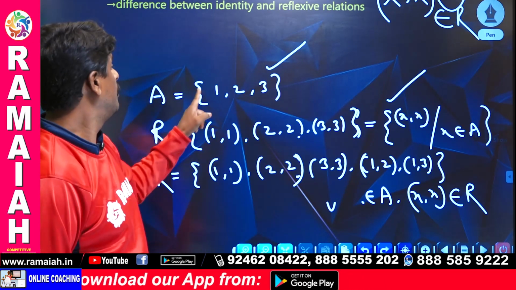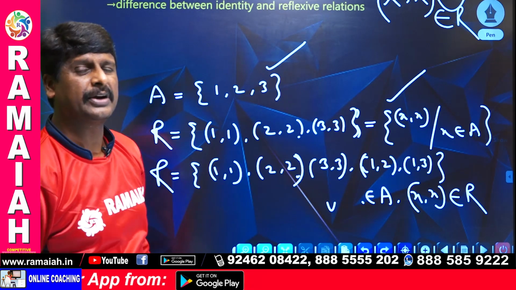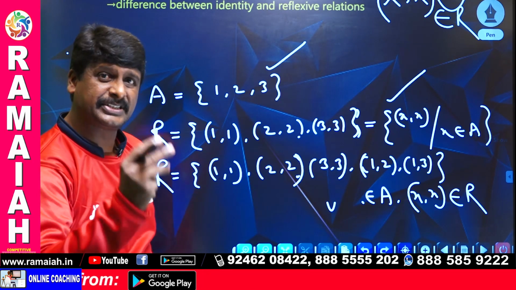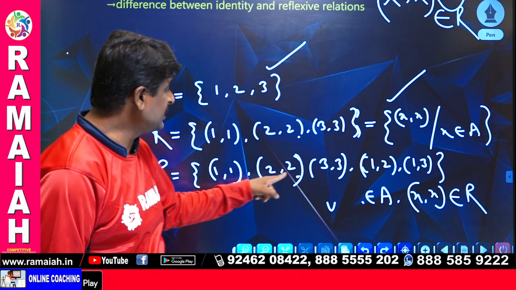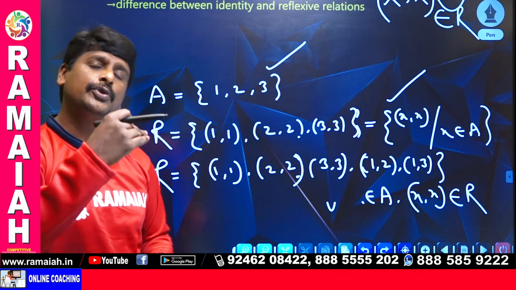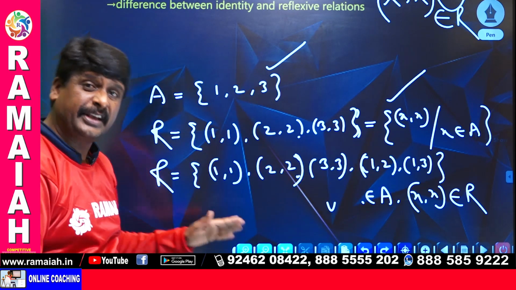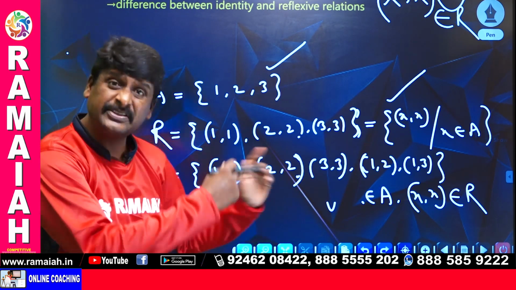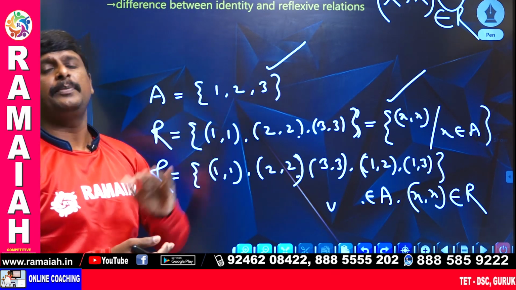They are (1,1), (2,2), (3,3). Why am I using the word minimum? At least to define a reflexive relation, these 3 elements must be present in R. Remaining elements, your choice. If there is no other element except these 3, then also it is reflexive as well as identity. Reflexive relation can be identity.